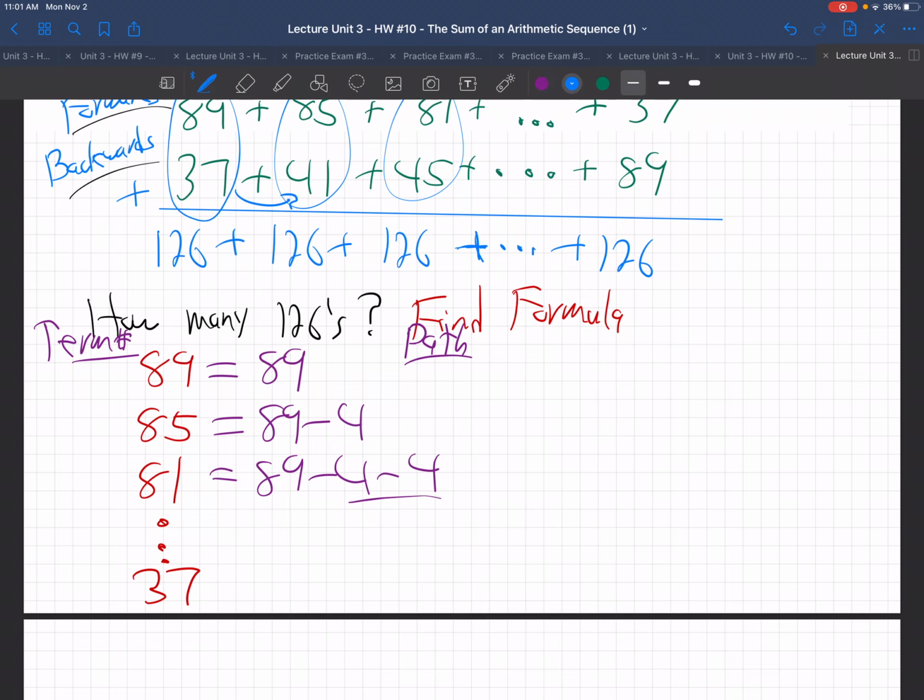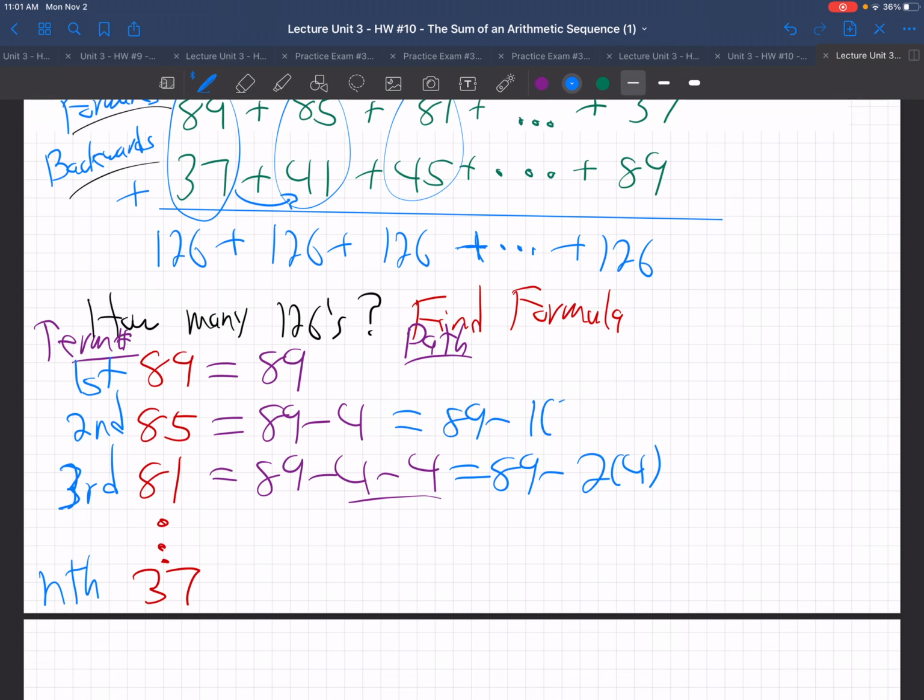Okay, so what's the plan here? The first term, second term, third term, and we want to know the nth term, we don't know. So this term is 89 minus 2 times 4. This is 89 minus 1 times 4. The term number, and that's 1 lower.